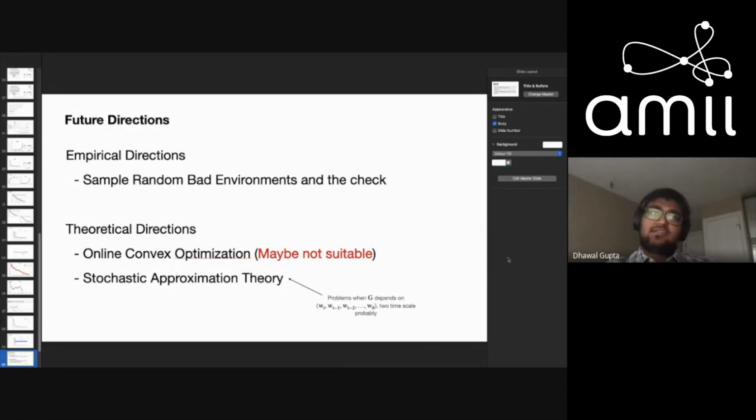In the first case, we can look at the online convex optimization case, which I think might not be very suitable. And the second case is using stochastic approximation theory. But the problem comes in because the G matrix that we consider here depends upon the trajectory as well. So I'm not sure how to go about that.